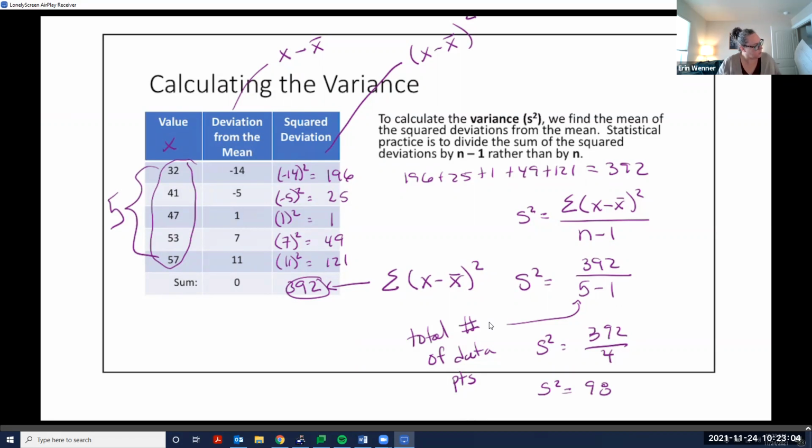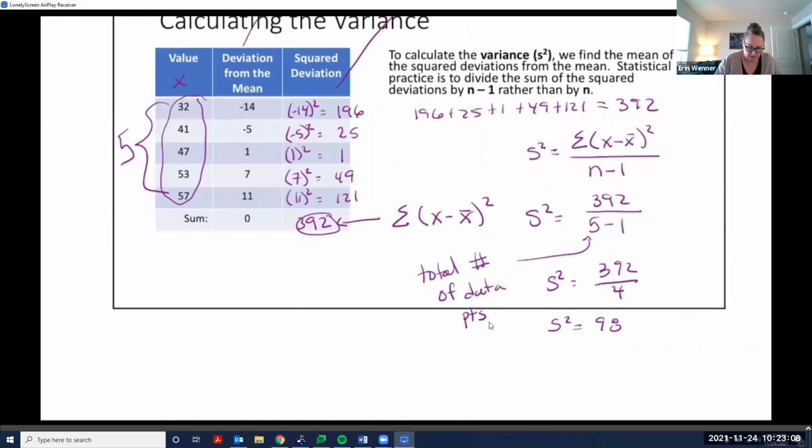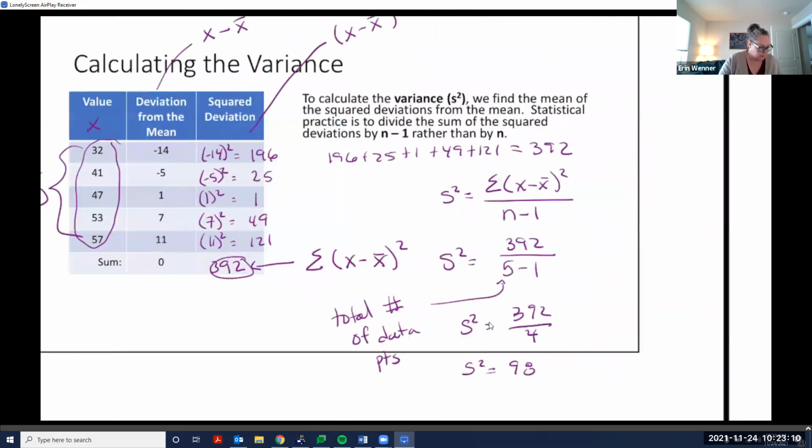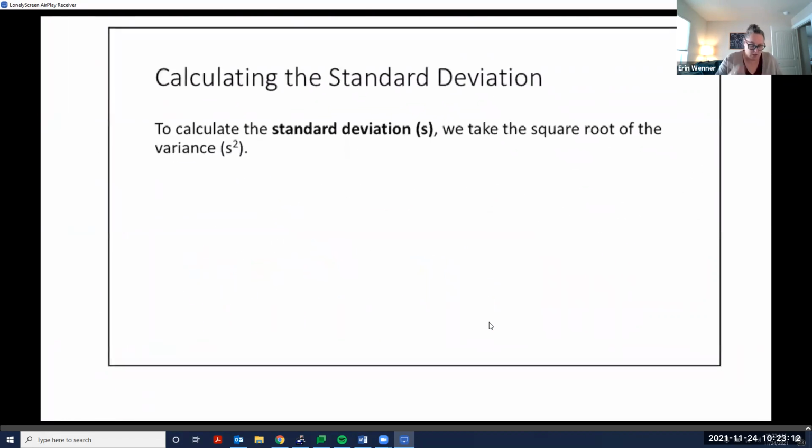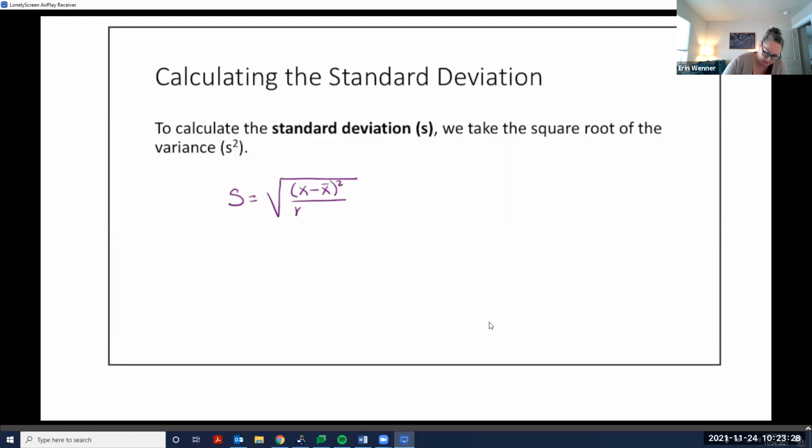So how does that help us? The variance leads to what we call the standard deviation. To calculate the standard deviation, we take the square root of the variance. The formula for that is s equals the square root of the sum of x minus x bar squared over n minus 1.